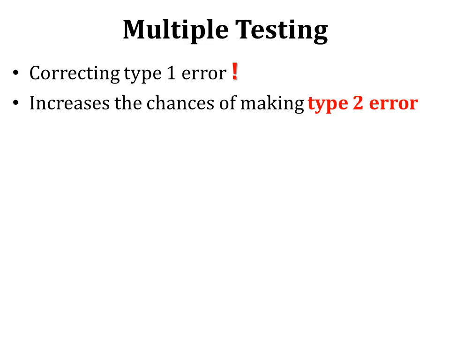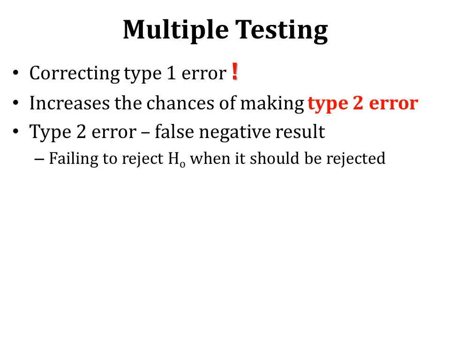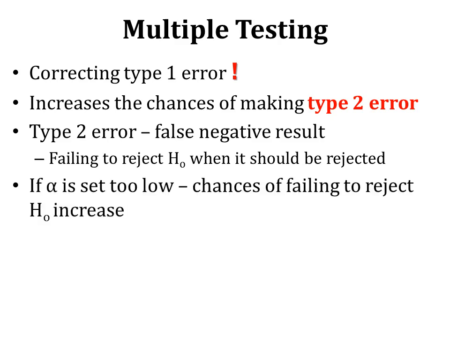Now, what is a type 2 error? A type 2 error is a false negative result, which means failing to reject the null hypothesis when it should be rejected, right? And this happens when you have your alpha level very low.